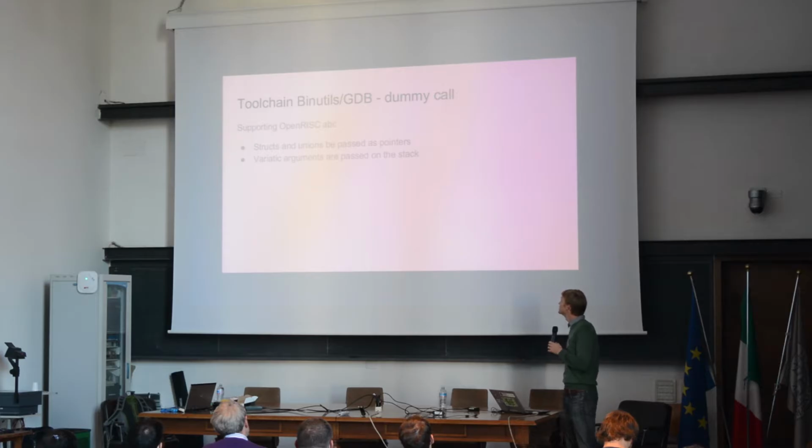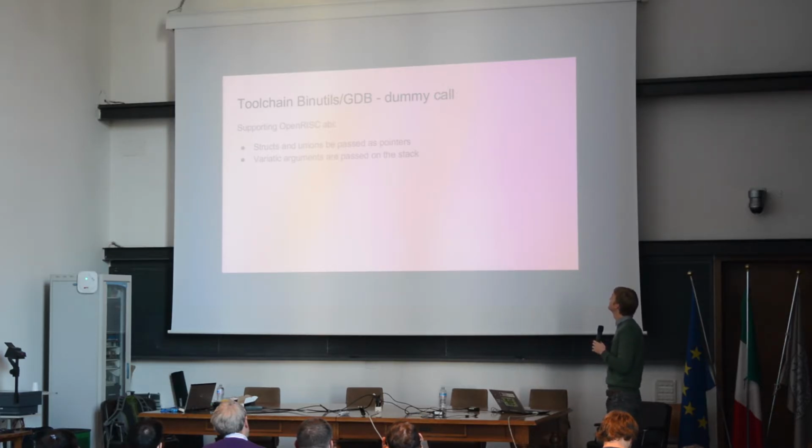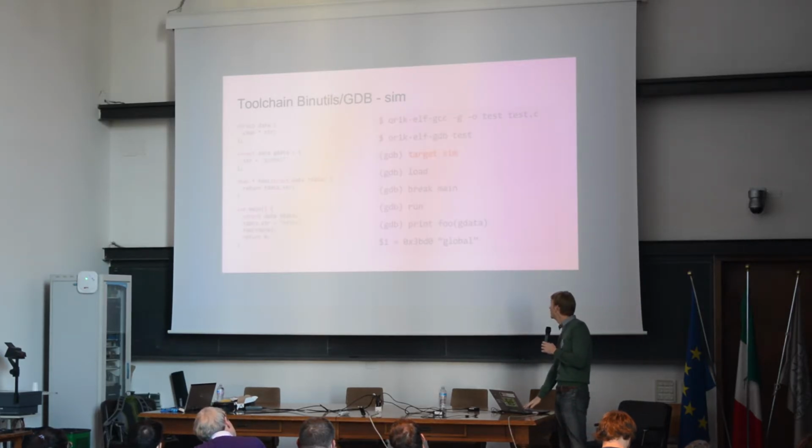This was just the dummy call. Some of the difficult things were that structs and unions need to be passed as pointers. This gets a bit complicated, because when you do this kind of dummy call, it has to create a stack.